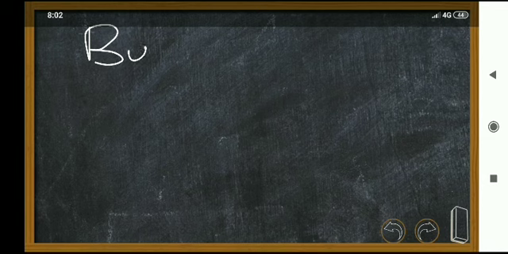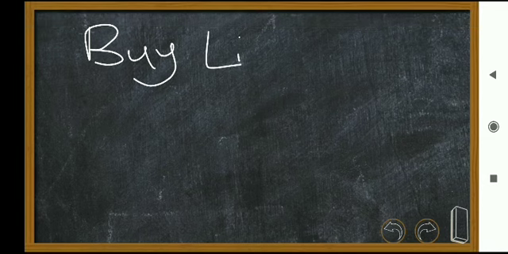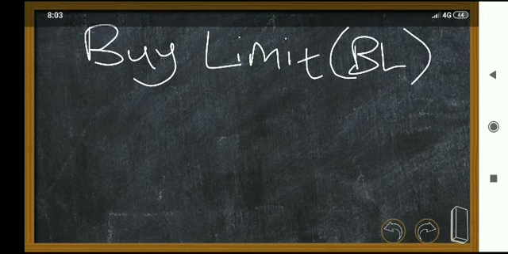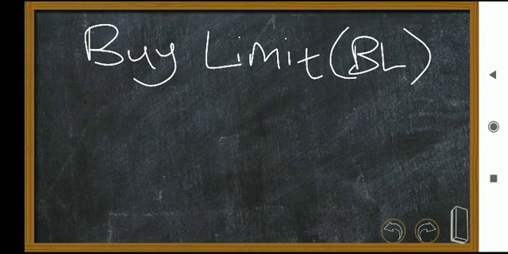Then the limits, as we explained, let's start with the buy limit. What you'll find with the limits is that they are different from the stops, in the sense that we said price has to touch then reverse in order for them to be activated, and they are set at opposite points in the market.